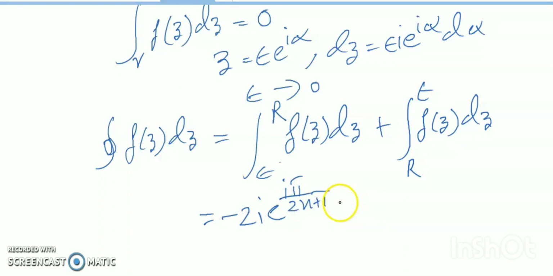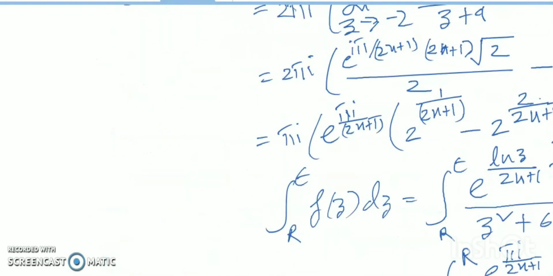Very simple, friends. And now you get sine 2 pi i n plus 1, and also it is multiplied with j. Okay, so this value I have already got, and this value is very simple.